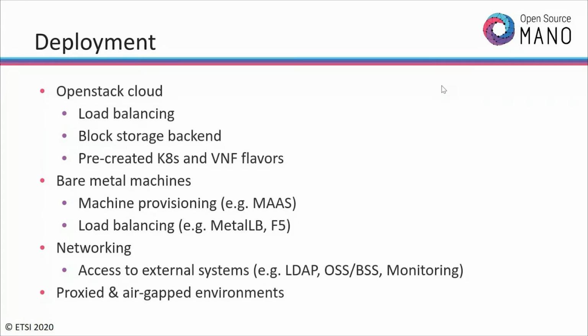You also need to consider how to do the networking, so how to enable access to external systems like LDAP, OSS, BSS, or a monitoring stack. You would need to set up access to external systems through probably security approved VLANs or firewalls or routes.